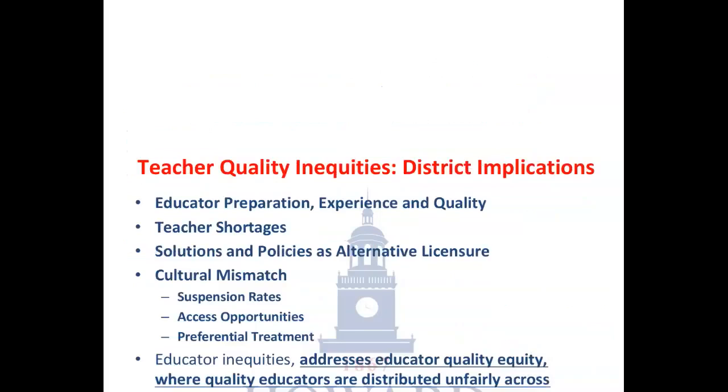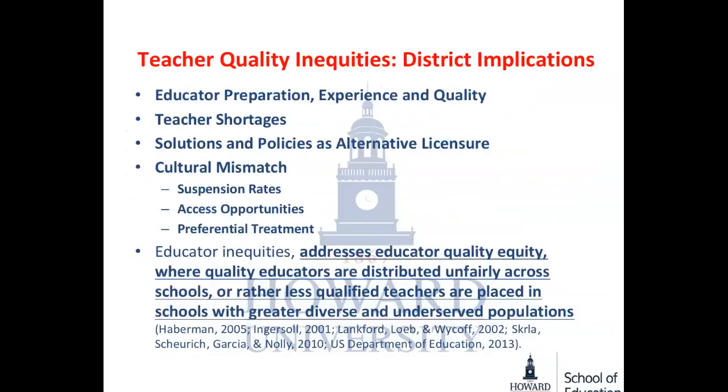A big aspect, and I think central to any equity audits or any equity work, is what teacher quality and equity look like, particularly around district implications. When we're talking about educator quality or teacher quality, what does their preparation look like? What does their experience look like? What are their qualifications?